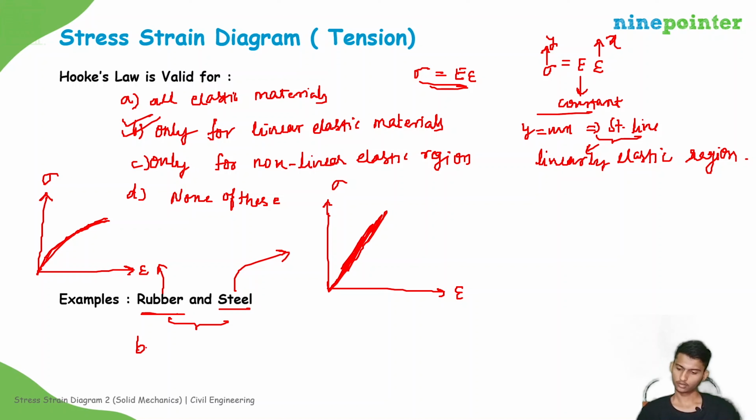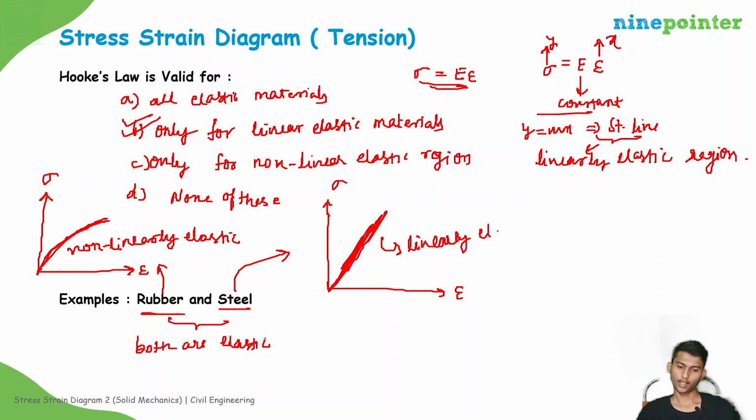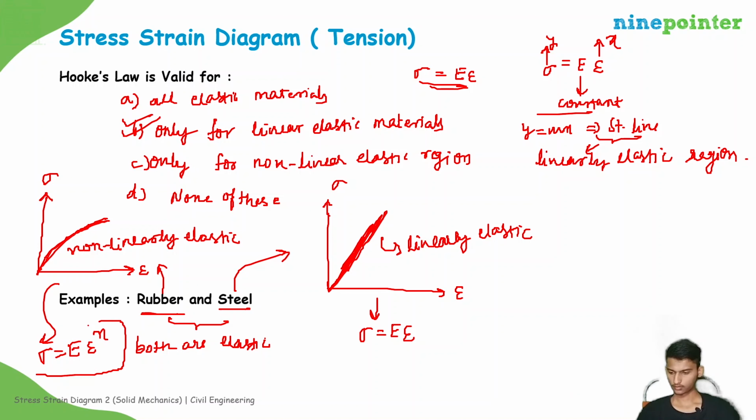Both are elastic, but this is non-linearly elastic and this will be linearly elastic. So for rubber, it should be sigma is equal to E into epsilon power n. You can say like this.